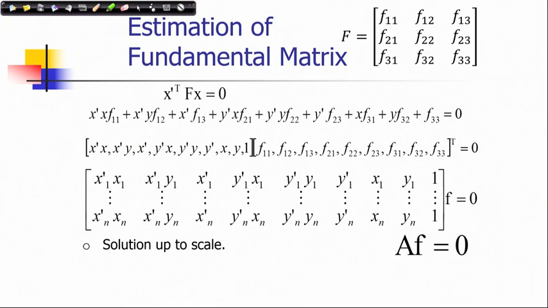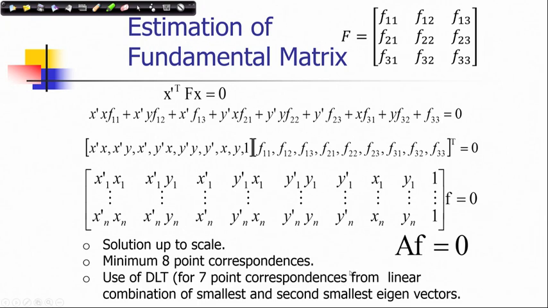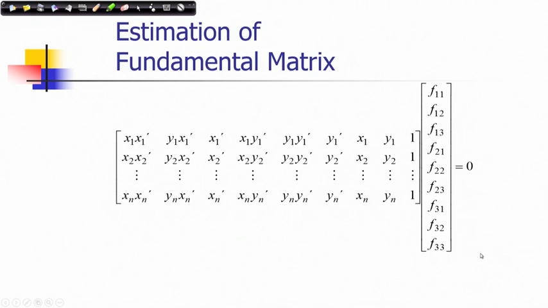That means, whatever solution you get, if you multiply by any scalar constant, that would be also a solution of these equations. And also we discussed how minimum 8-point correspondences are required. There is a technique which we will discuss later on, that you can even do it with 7-point correspondences, because as I mentioned there are 7 independent parameters. So, we will discuss this technique in my next slides.